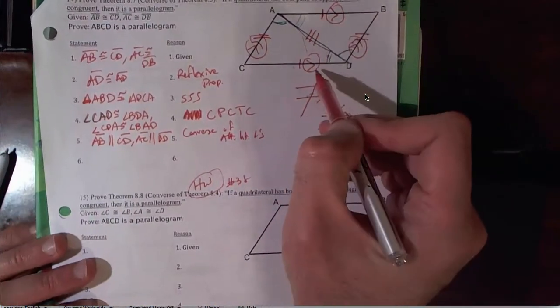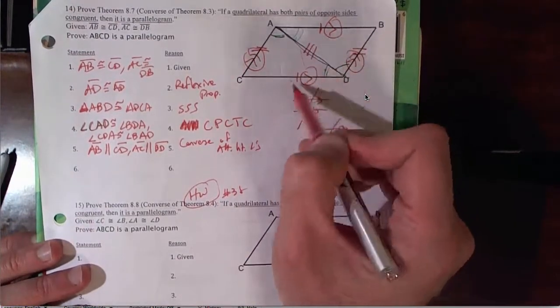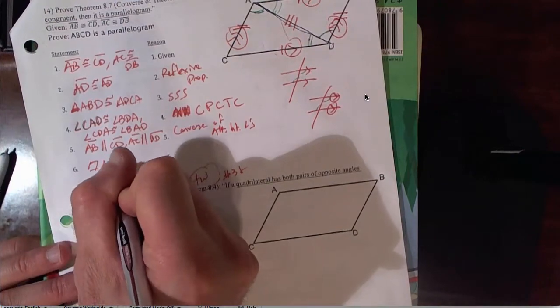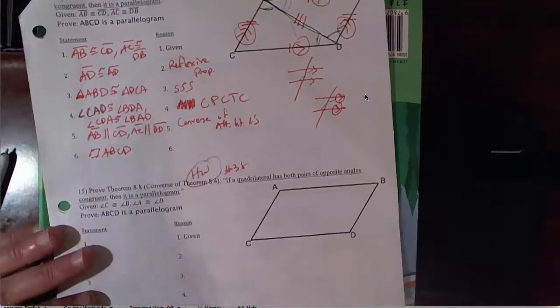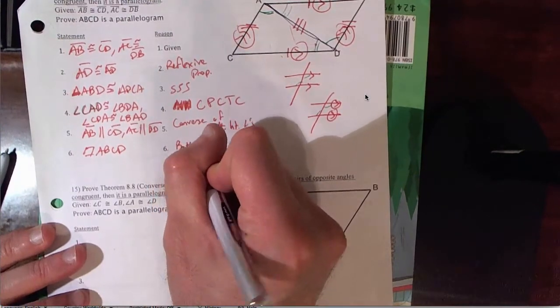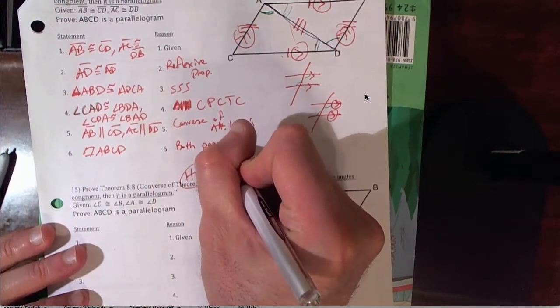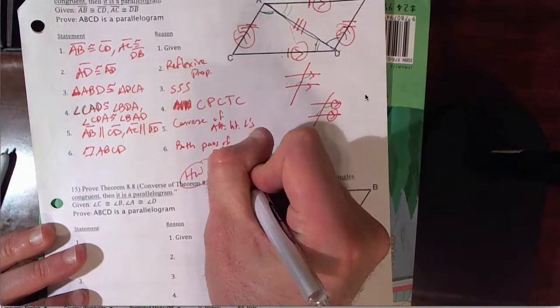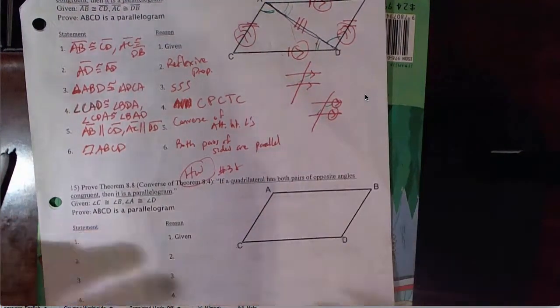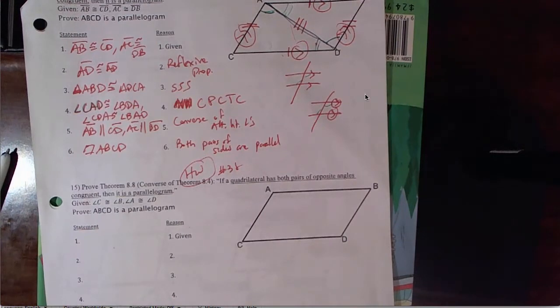And look, now I've got parallel, parallel, I've got the definition of a parallelogram. So I could say ABCD is a parallelogram. Why? Because both pairs of sides are parallel. That's the definition. So we proved it. We used the converse of the alternate interior angles theorem.